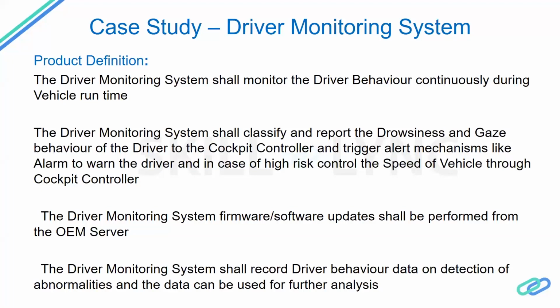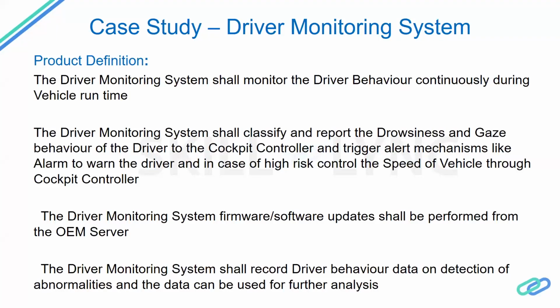So nowadays OEMs are doing it like mobile phones. OEMs are planning to update the software firmware over the air. That's a recent technology where the software update is done over the air. Like that, the driver monitoring system will receive the firmware update similar to a mobile phone, and then it will perform the update on reception.